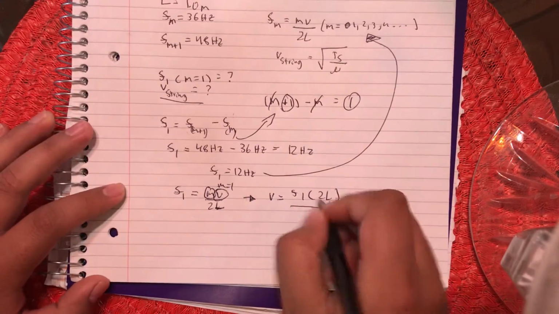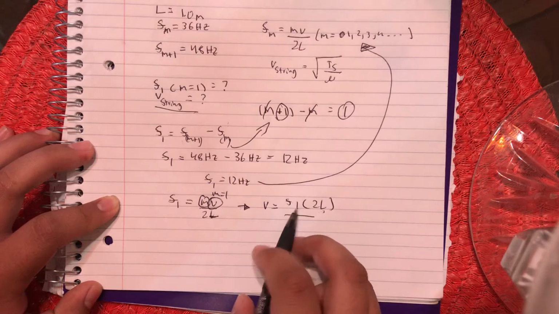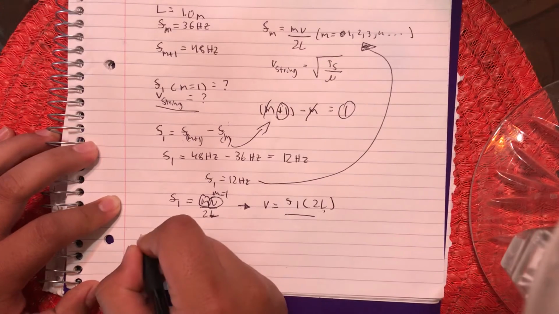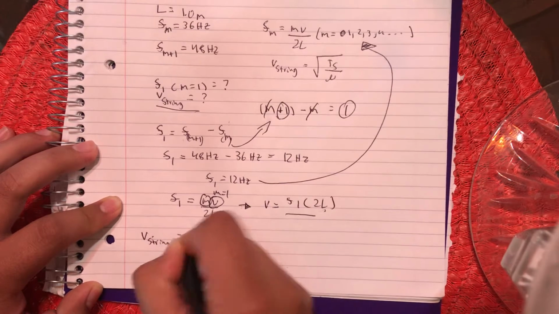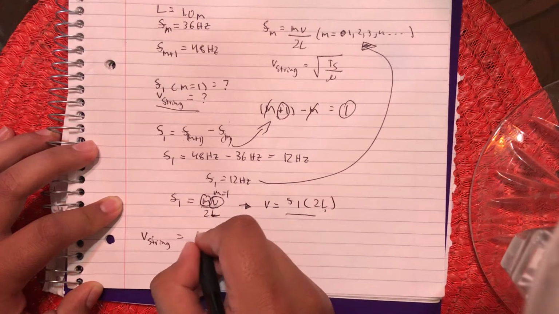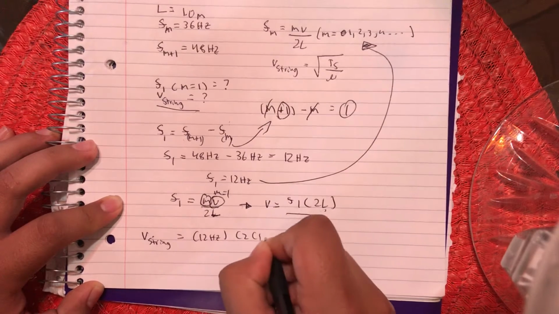We're given the length up here, and we already calculated the fundamental frequency, so all we're going to do is plug and play. The wave speed of a string is equal to 12 Hertz times 2 times 1 meter.